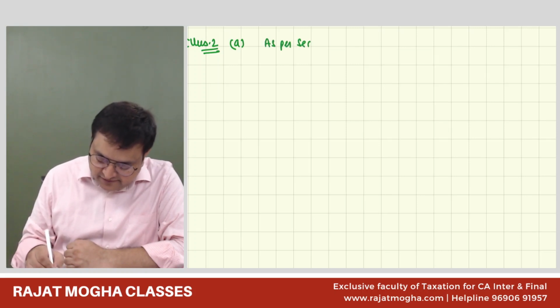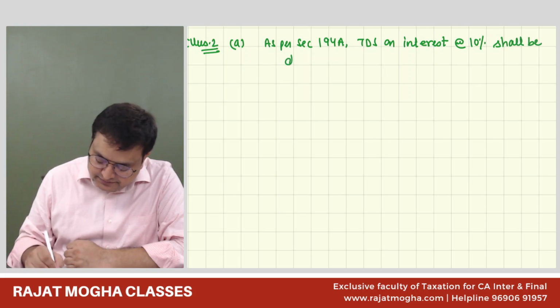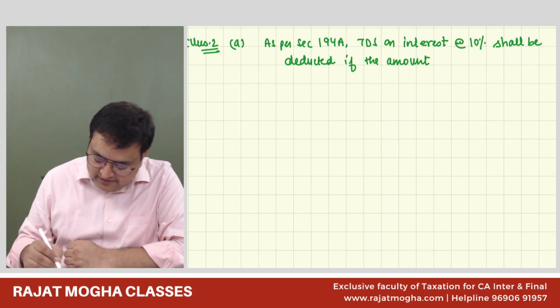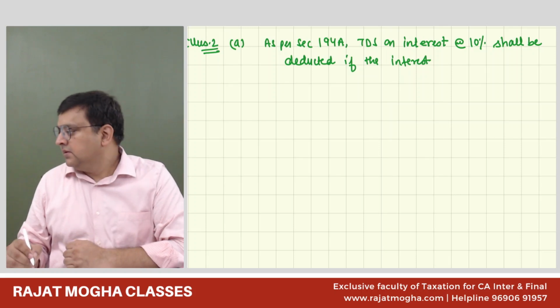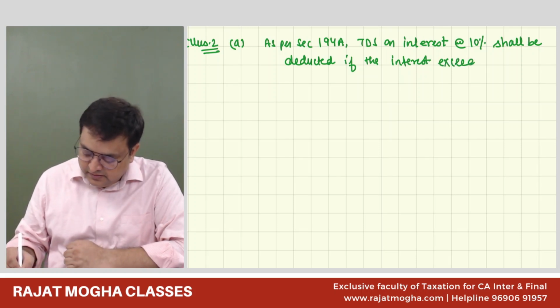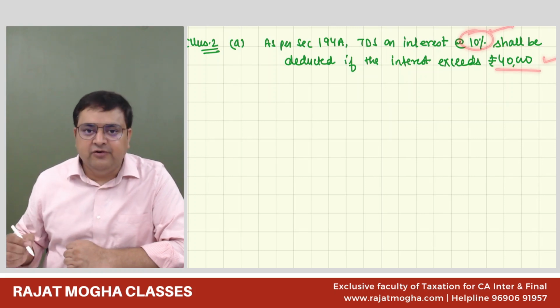As per section 194A, TDS on interest at the rate of 10% shall be deducted if the interest exceeds rupees 40,000. So see, two things you have already mentioned: 10% and the threshold limit.